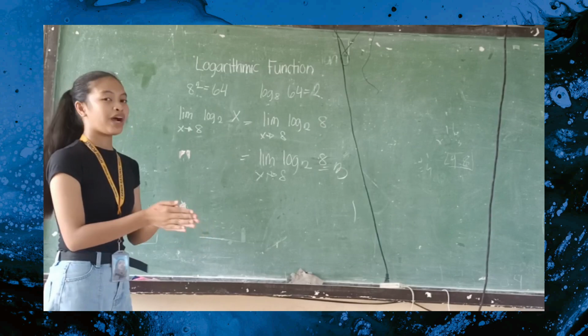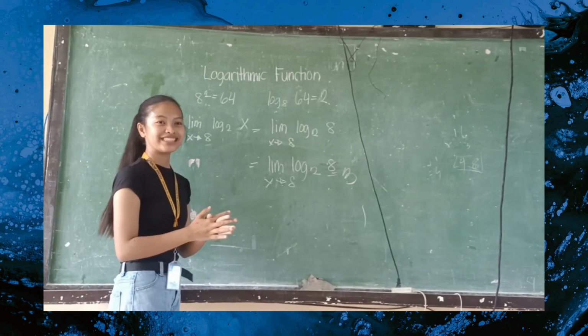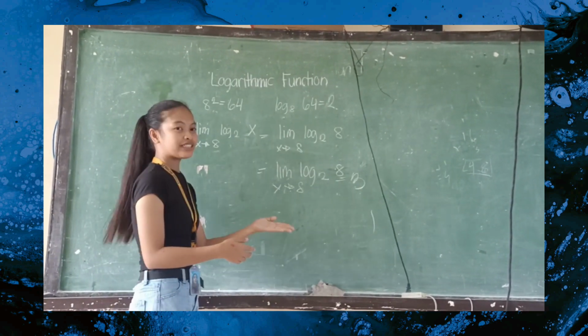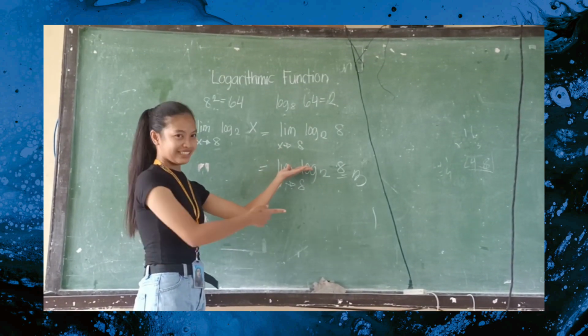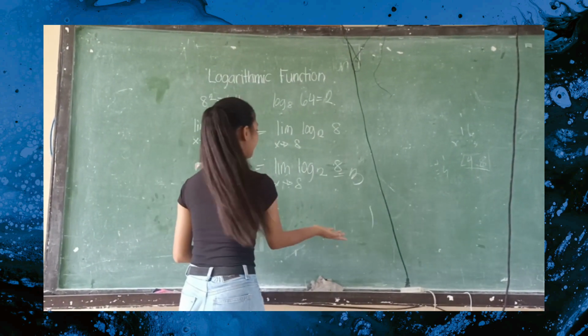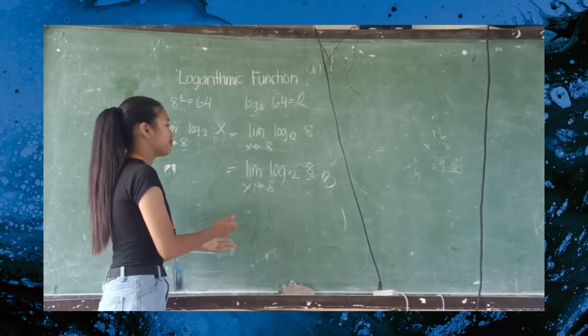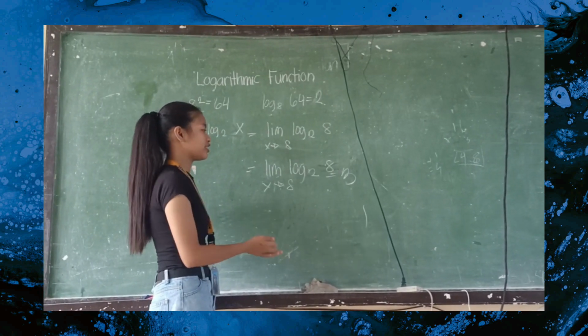Why 8? It is because one of the limit laws states that the limit of x as x approaches c is equal to c. So we have the limit of log base 2 of 8 as x approaches 8 is equal to 3.